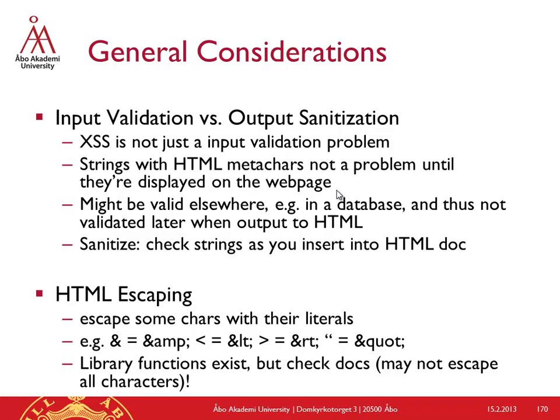So the general consideration about all of these cross-site problems with web pages is to use input validation and output sanitization, and also to use HTML escaping when we are getting information from client requests and storing it in the database, because if all these JavaScript injections are escaped, they will be basically plain text from the perspective of HTML, and they will never be executed on the client side.